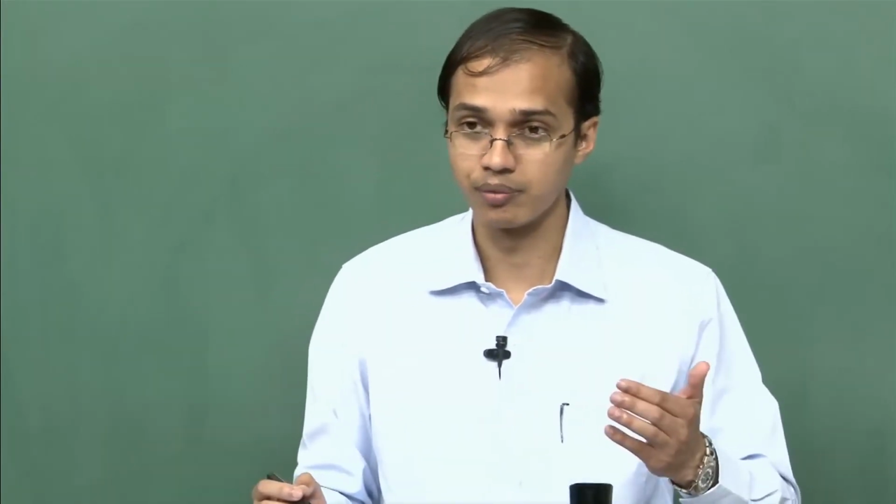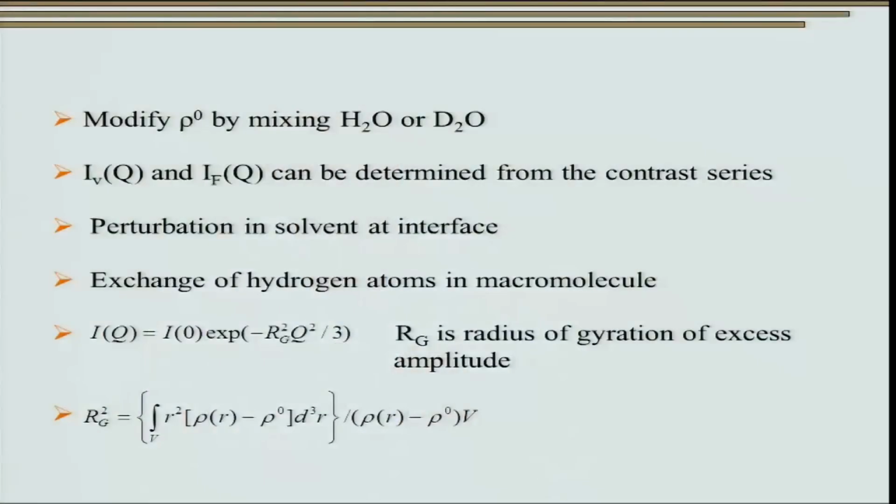Things will get even more problematic if your hydrogen is replaced with deuterium. But having said that, the aforementioned technique of changing the contrast by adding water and D2O is still quite valid.